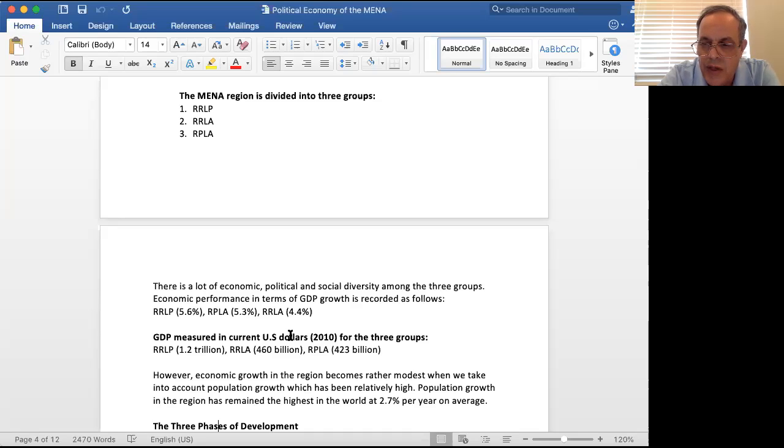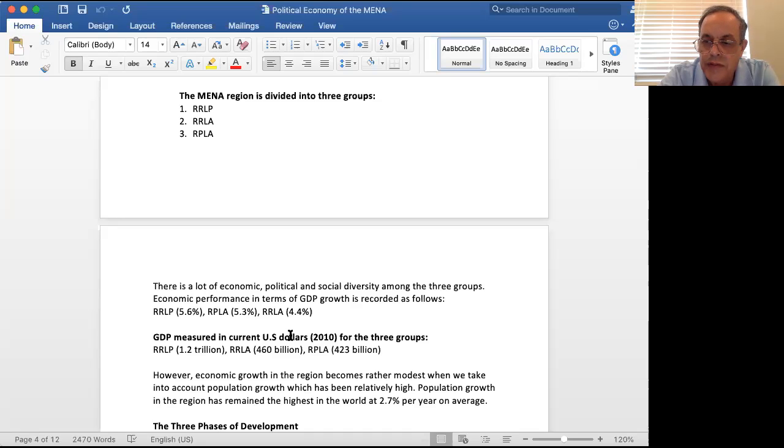And this is, by the way, what's keeping the per capita GDP very low for the labor abundant countries. It's very high for the labor poor, like the GCC and Libya.